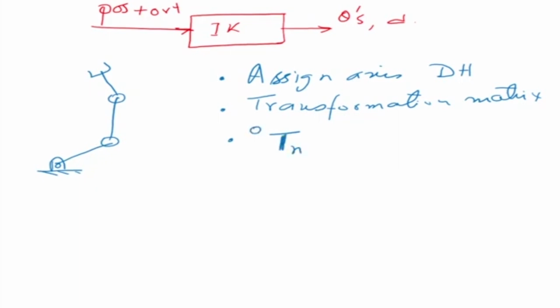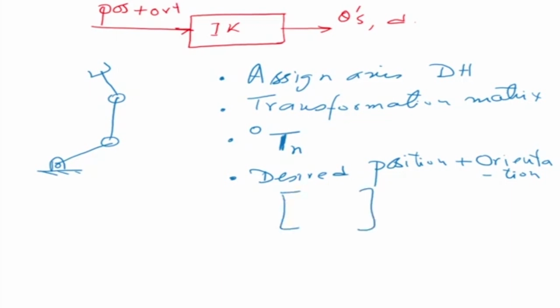Then there is a desired position and orientation of the end effector, which is given to us. So this we can call the desired position and orientation. This is my rotation matrix. This is the position.